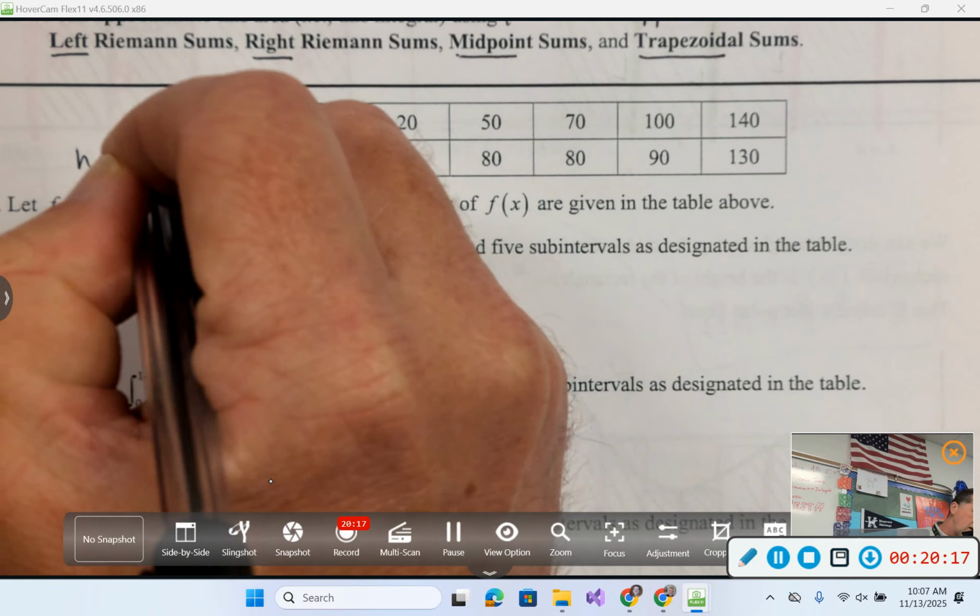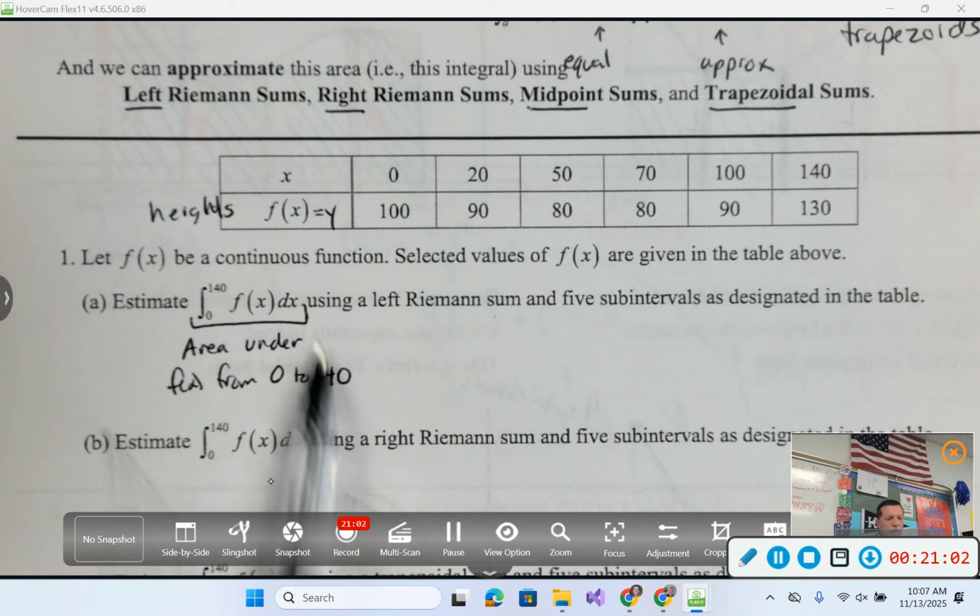Okay, well, let's remember that what that means is the area under f of x from 0 to 140. But now we have a shorthand way of asking for that. Rather than typing all that out, find the area under f of x from 0 to 140, we use this integral with 0 and 140, and we know that that means area.